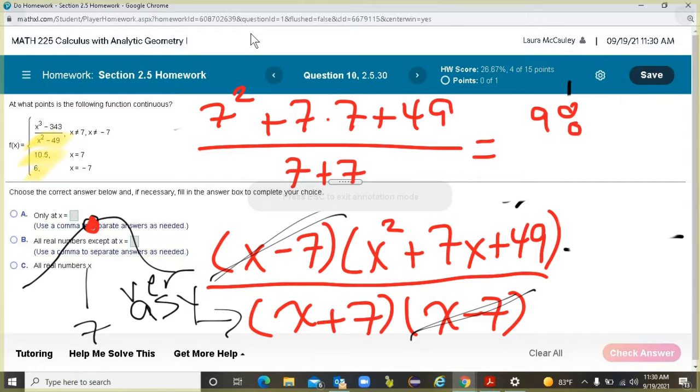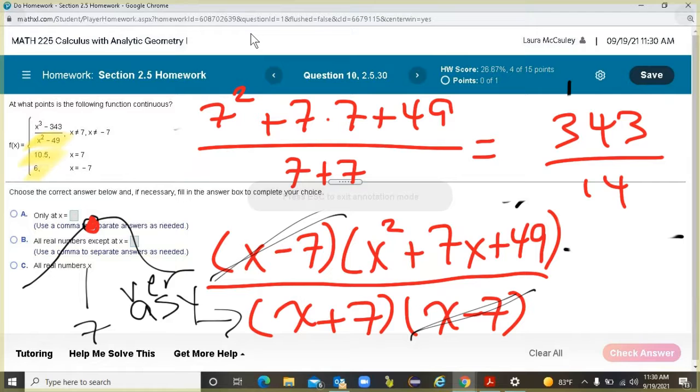Oh, that's 49 times 3, isn't it? Seven squared is 49. 7 times 7. Okay, so that's that 343. And then 7 plus 7 is 14. And 343 divided by 14. Oh, that's not even close.